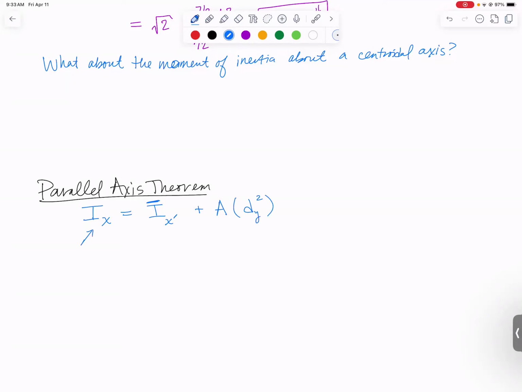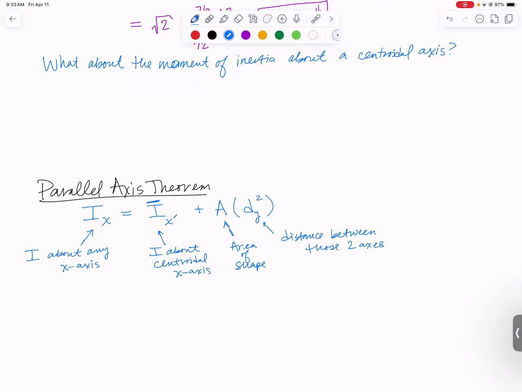This guy is the moment of inertia about any x-axis you want, like the x-axis we just found the moment of inertia about. This one with the bar over it is the moment of inertia about the centroidal x-axis, the x-axis through the centroid. A is the area of my shape, and dy is the distance between those two axes.